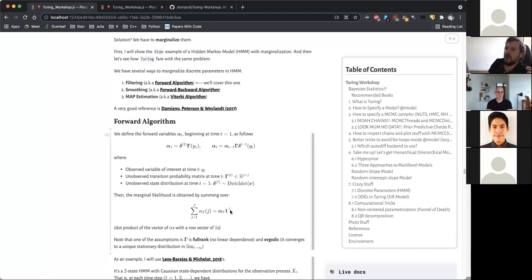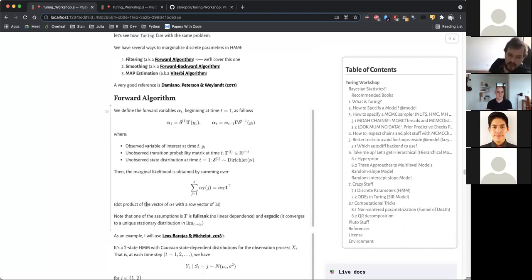It's kind of a dot product of a vector of alphas with a row vector of 1s. And also one of the assumptions, there are several, but one of the major assumptions is that the matrix gamma is full rank, so no linear dependence, no zero eigenvalues, that kind of thing, and ergodic, so it will converge asymptotically to a unique stationary distribution in the limit as t goes to infinity. So these are the basic assumptions.